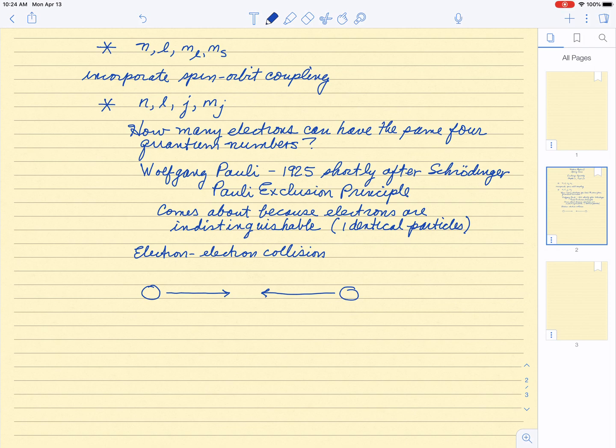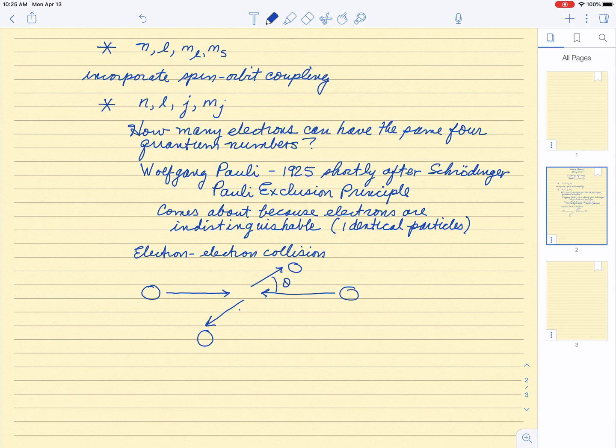So they're going to quote unquote scatter by way of the electromagnetic force, and so we see that an electron emerges here, and through some angle theta, we see that an electron emerges here.